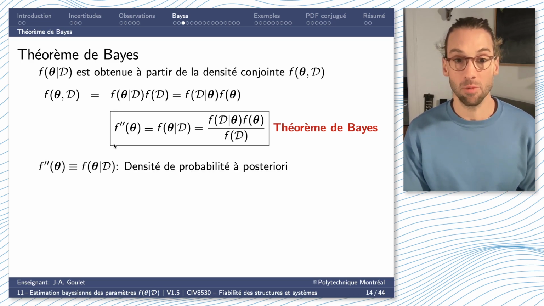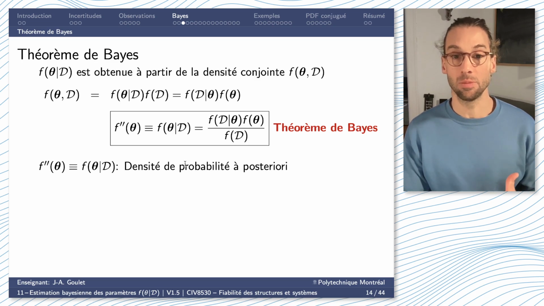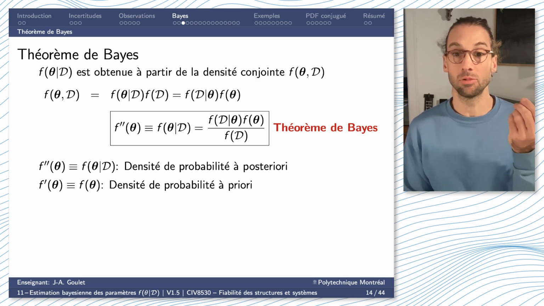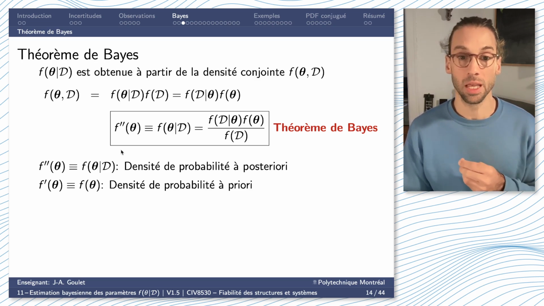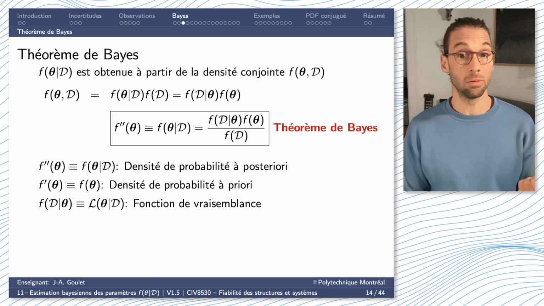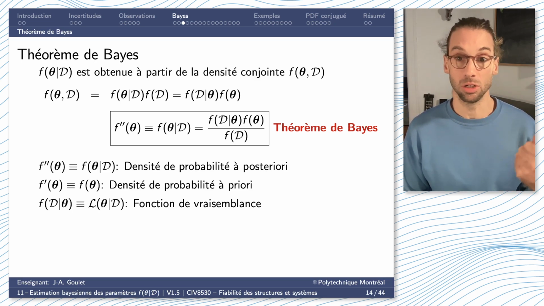As I said, f of theta given d is my posterior probability density. This is what I'm trying to characterize using Bayes' rule. f of theta, or f prime of theta, is my prior probability density. f of d given theta is my likelihood, meaning the probability of observing data given the parameters.